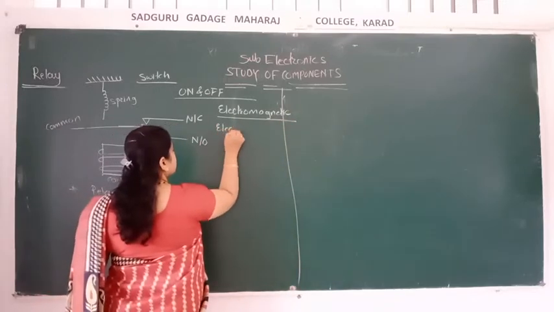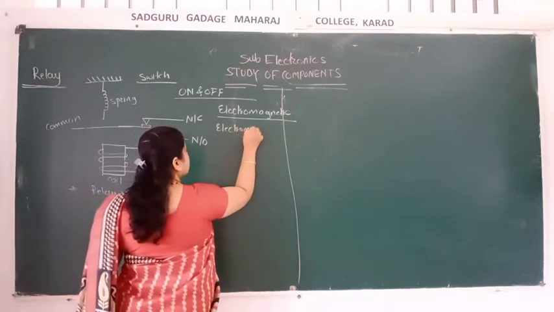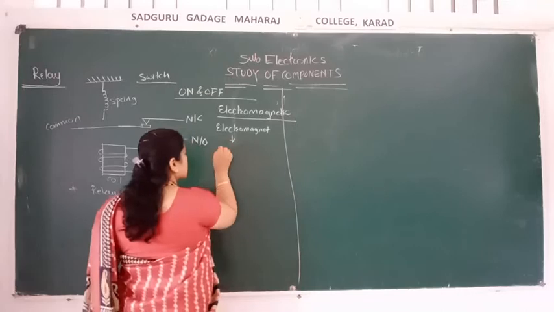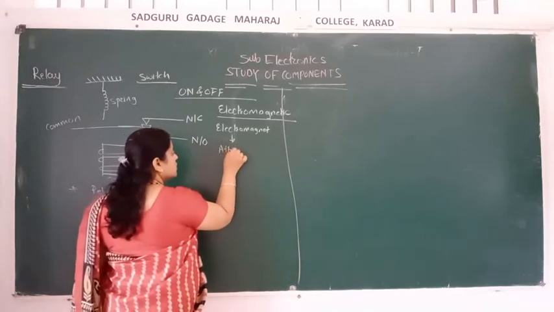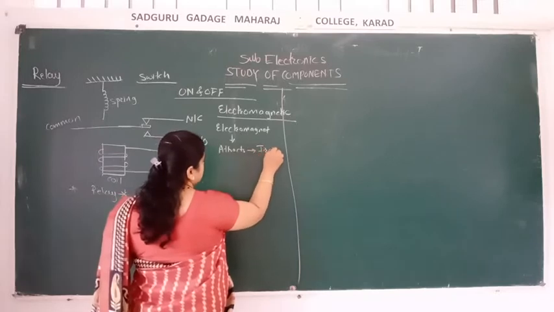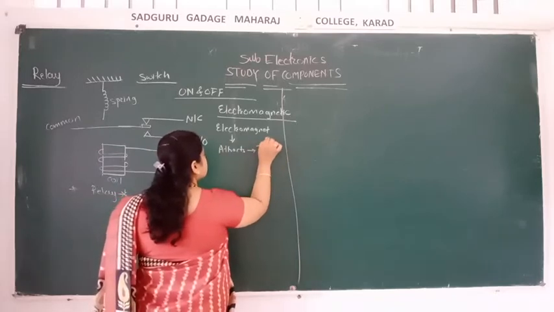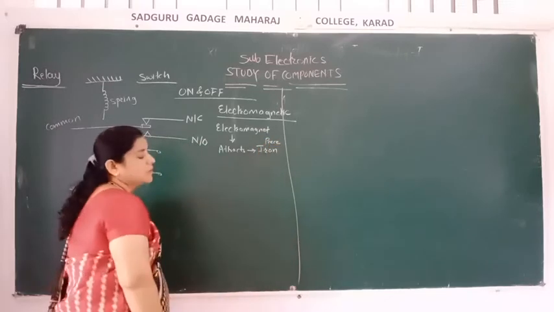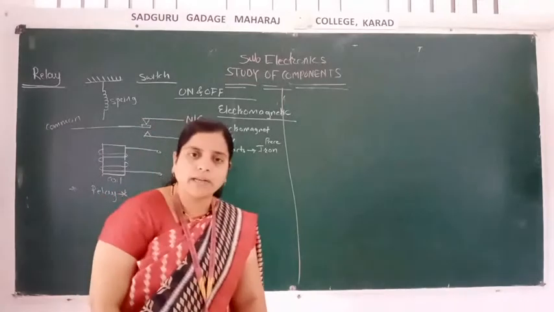Electromagnet attracts towards the iron or piece of iron. On the piece of iron means what happened?